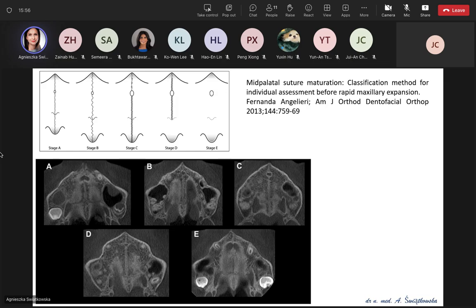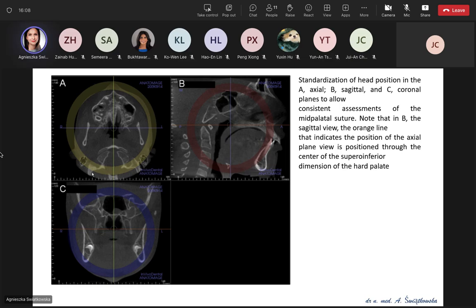So we call this procedure surgery assisted rapid palatal expansion. Okay. Here we can see how to estimate the stage of maturity of palatal suture in CBCT examination.